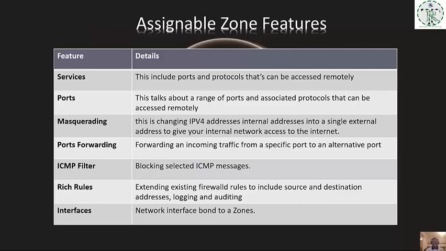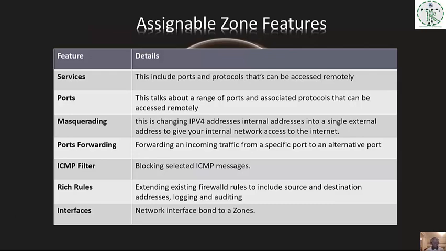Also talking about ICMP filters, you decide to block specific Internet Control Message Protocol messages. These are error messages. And I'm talking about rich rules. I mentioned earlier if there's time, which I think there's no time. When we talk about rich rules, it's like using an advanced feature, which is rich rule, to enhance an existing firewall rule. And then talking about interfaces, we can assign a network interface.